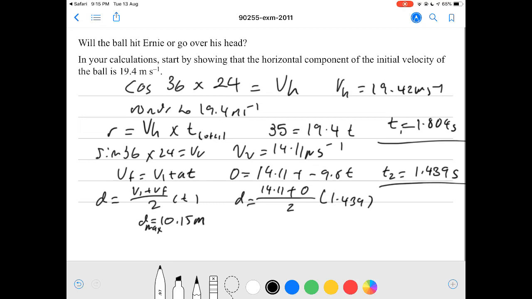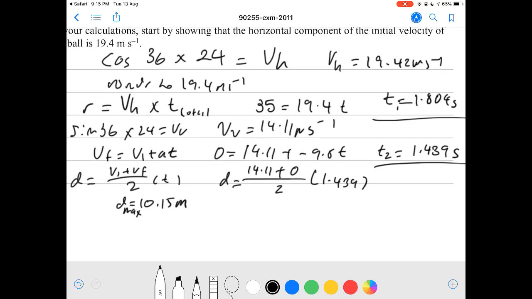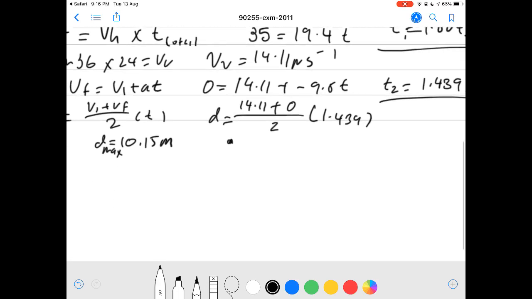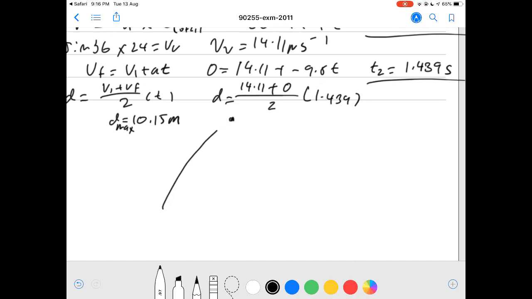Alright, so now we need to find out how much the ball drops between T2 and T1. We're going to use another equation of motion, and this time we're calculating from the max height. Imagine this is our parabola. That's a pretty bad parabola, but we can just say it's here.